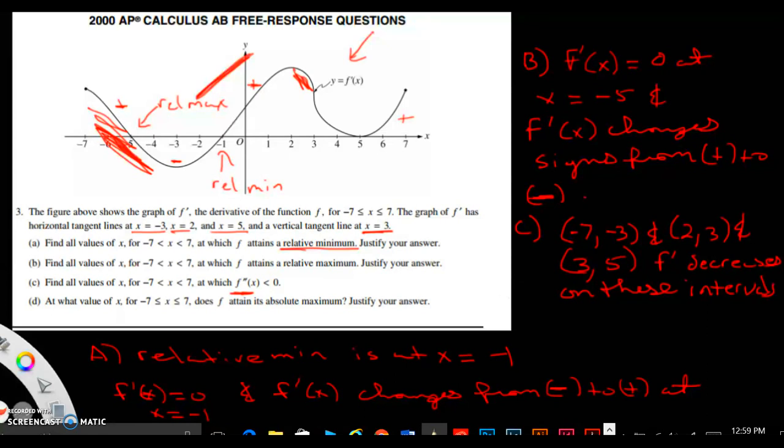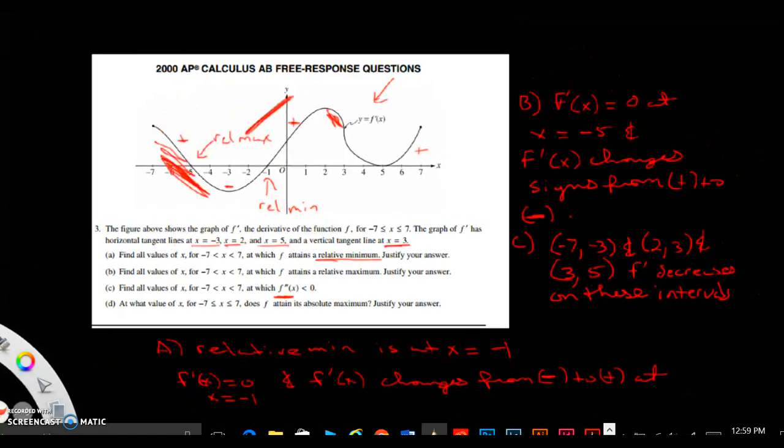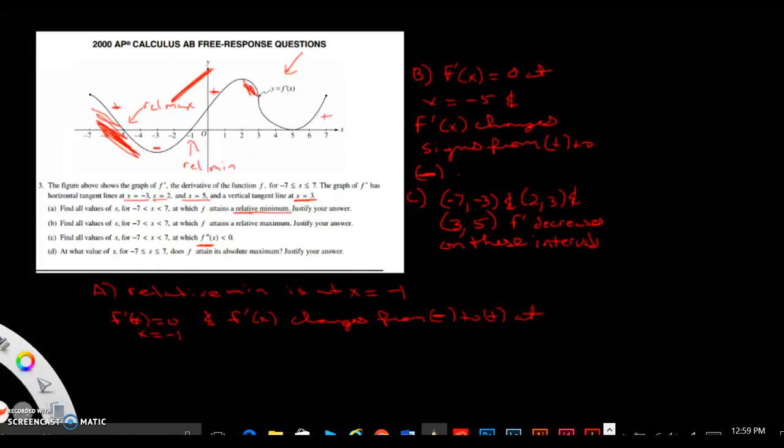Okay, so now, let me zoom out a little bit. If you look at the endpoints, this could be a max or a min. So now we have to think about this. For f of negative 7, the slope is greater than 0, right?